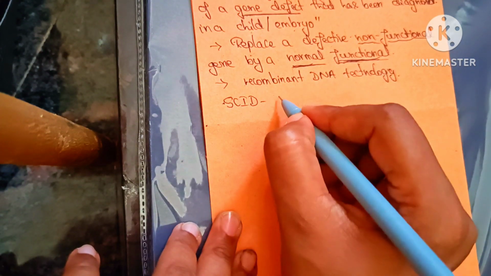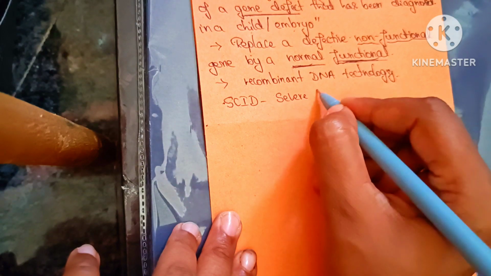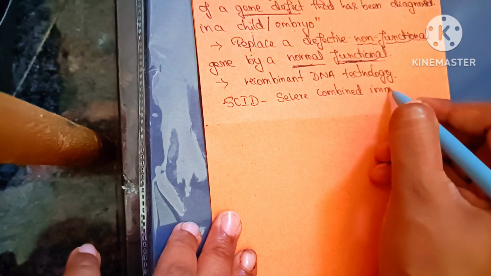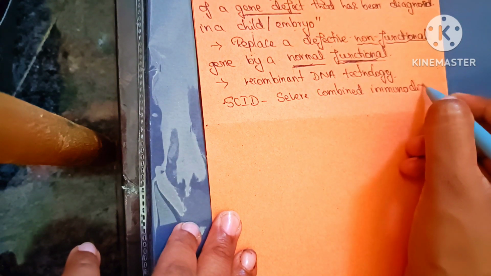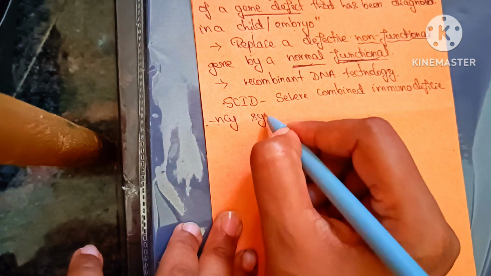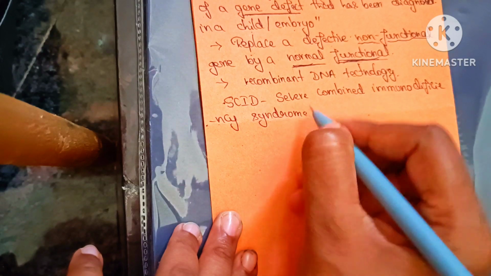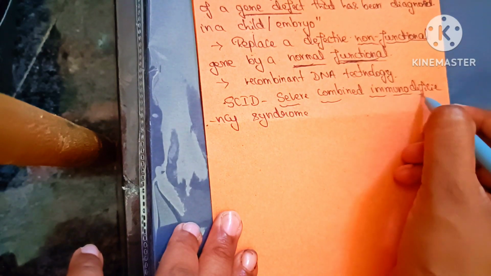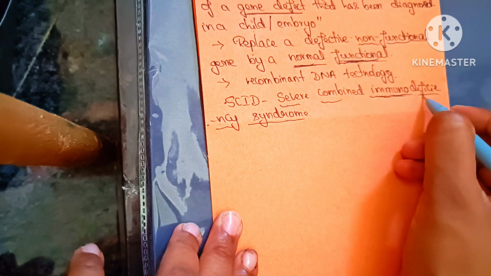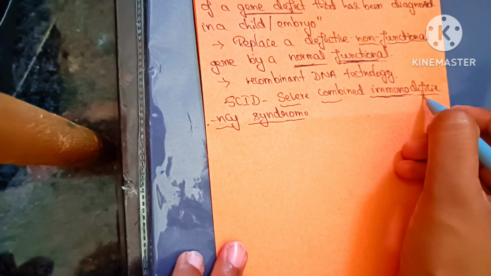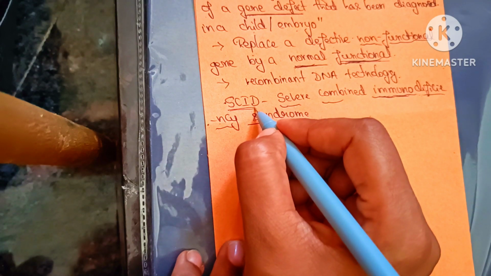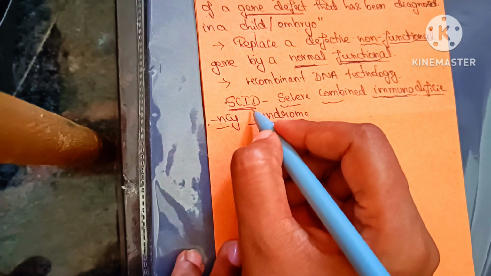SCID, as I said, refers to severe combined immunodeficiency syndrome. As the name suggests, this condition is associated with the immune system. So first let us understand what causes the condition SCID in a patient.